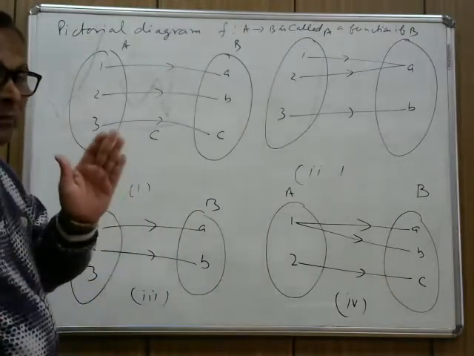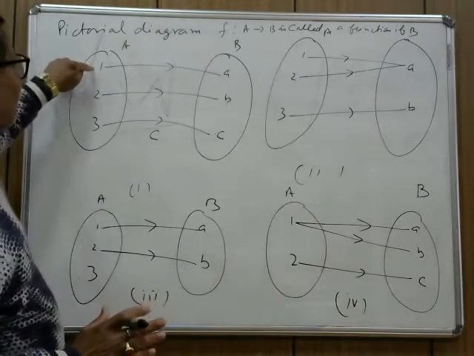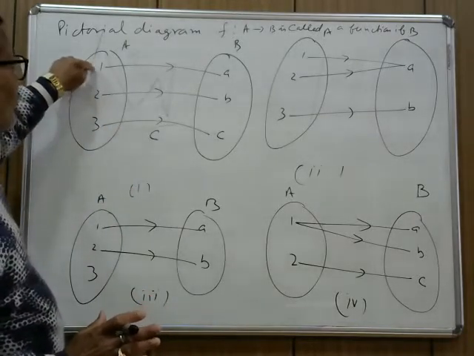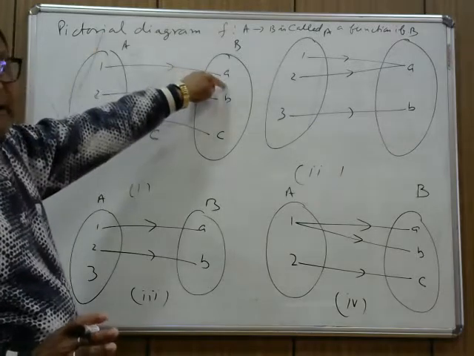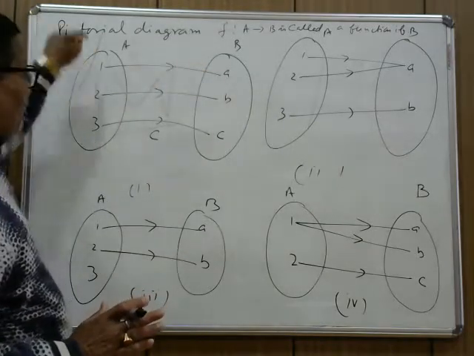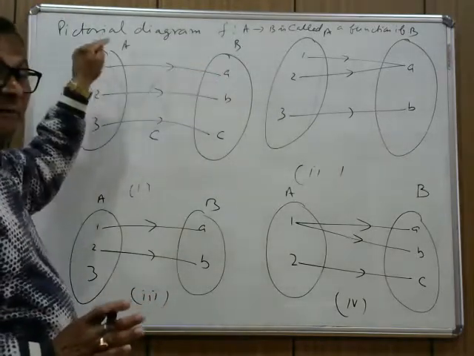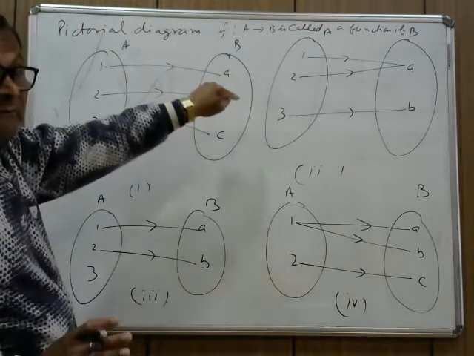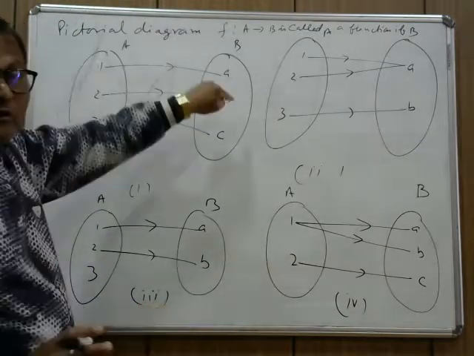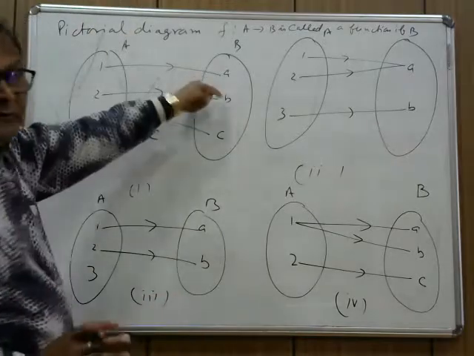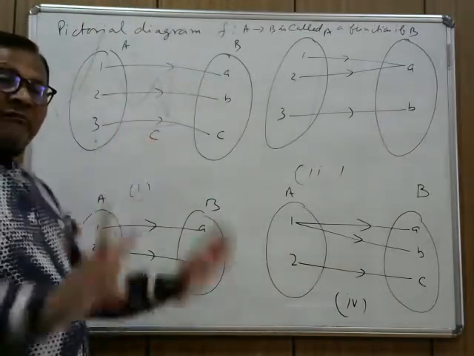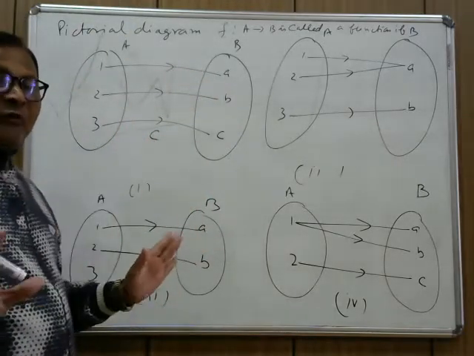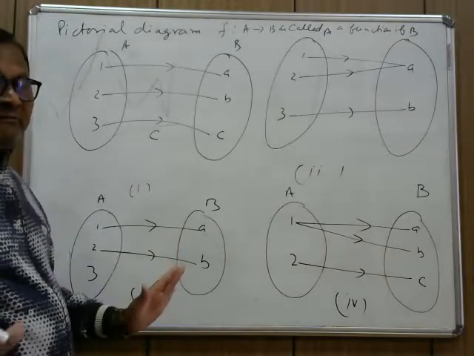Now come to the second condition. Each element has one and only one image element. One and only one association. Image element means one and only one association, meaning your association is unique and your image element is unique. All these words tell us the same thing.